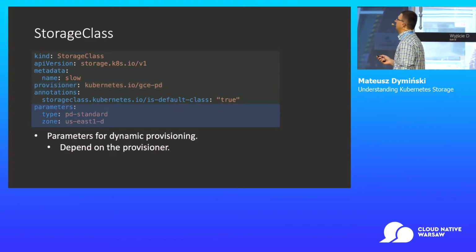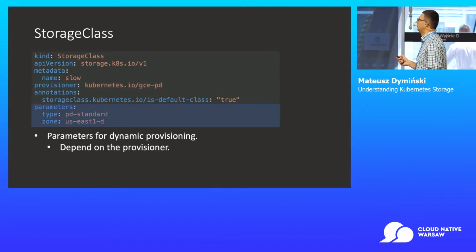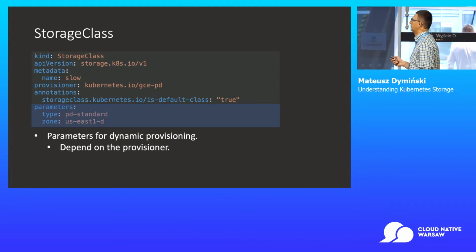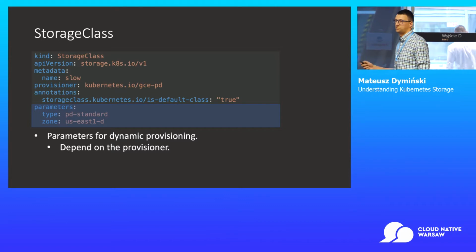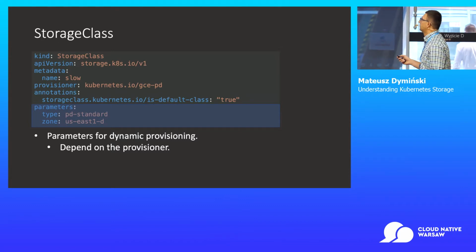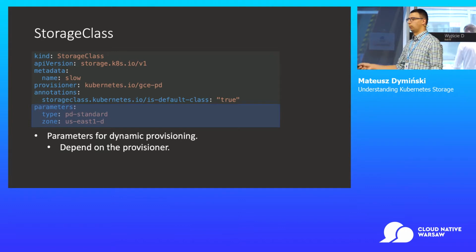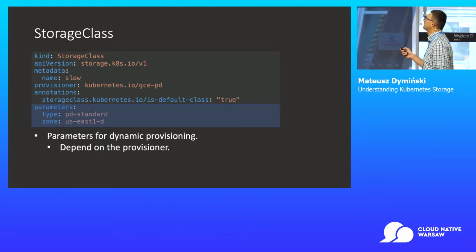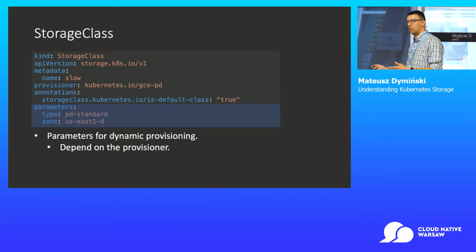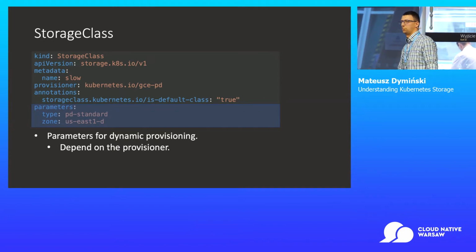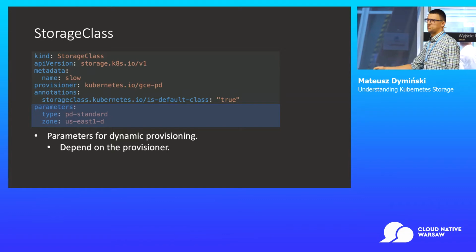And then we've got some parameters, for example, the type of this persistent volume. It's standard, or it might be pd-ssd, which is faster, or it might also be the zone where this volume needs to be created. We can have a different storage class, for example fast, and if we have a fast one, then we'll have the type pd-ssd here, and then an SSD disk is going to be provisioned for this volume.